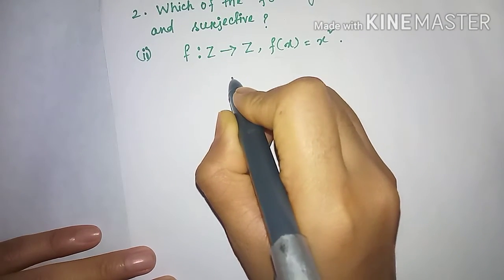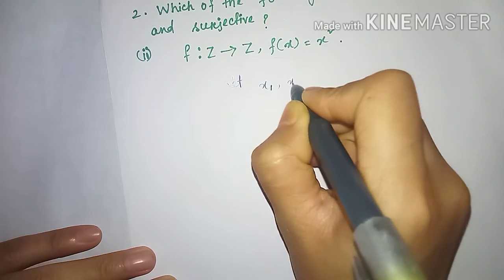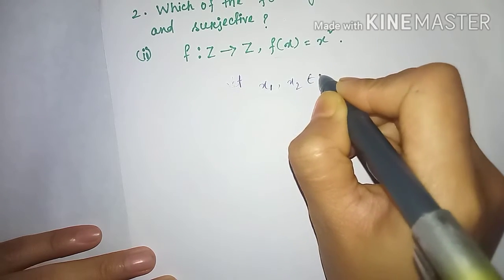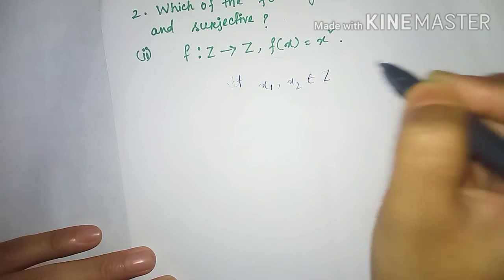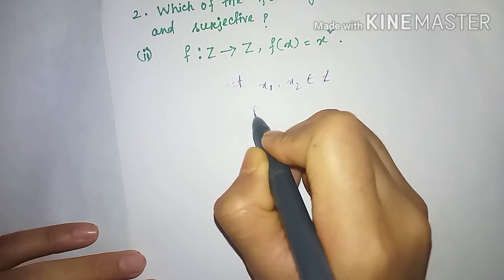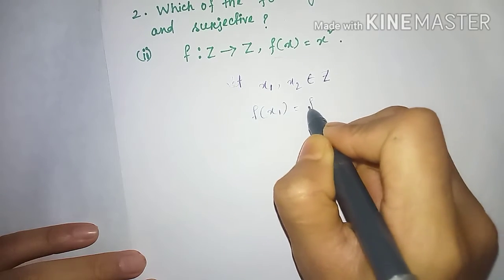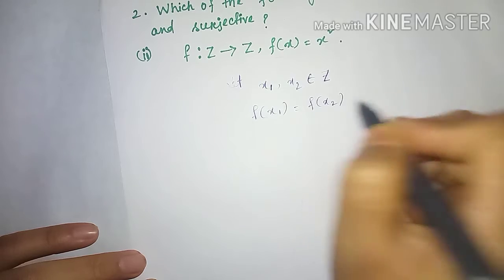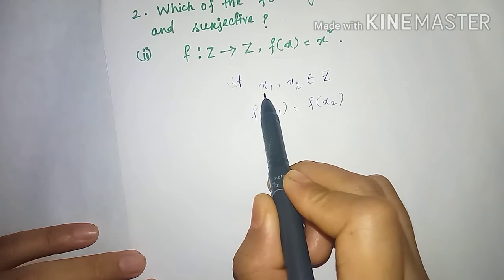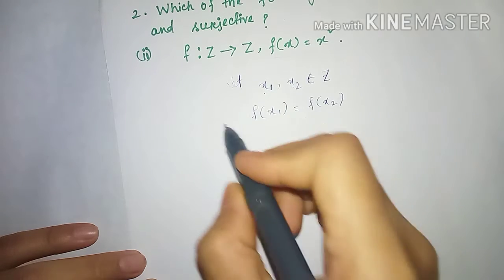Let us take two elements x1 and x2 in the domain, the set of integers. Suppose f of x1 equal to f of x2, that is, the image of these two elements are equal.